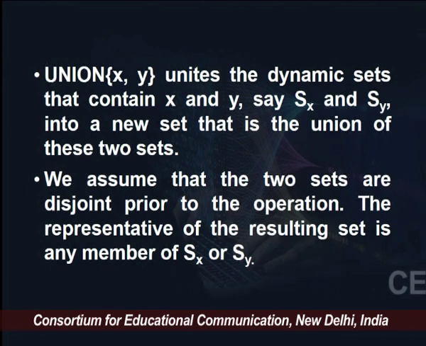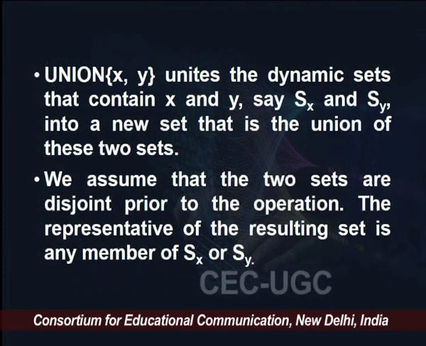So, when we say union X comma Y, or union A comma B, that unites the dynamic sets that contain X and Y. Let us say these sets are denoted by S of X and S of Y. These two sets are united into a new set, the union of these two sets, and we assume that these two sets are disjoint prior to the operation.